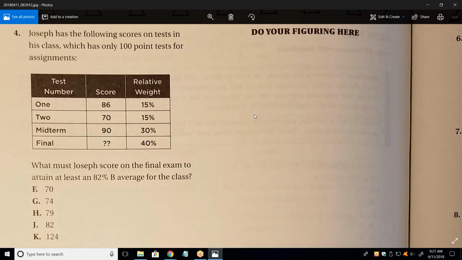All right, let's look at number 4. Very clever, number 4.